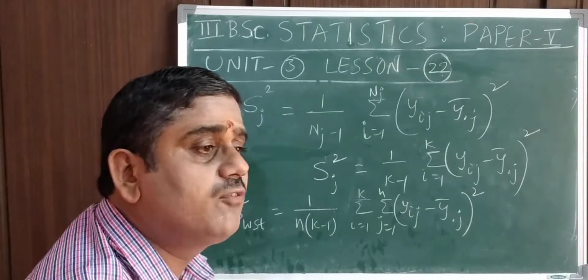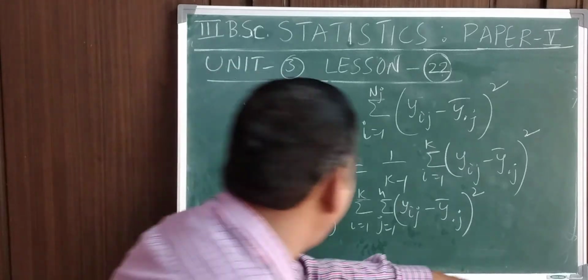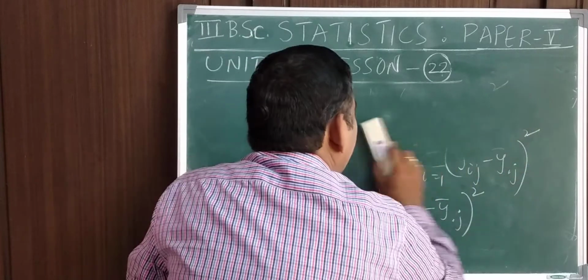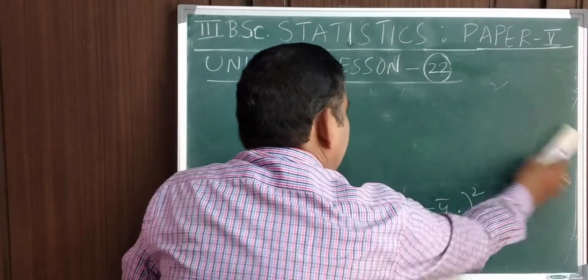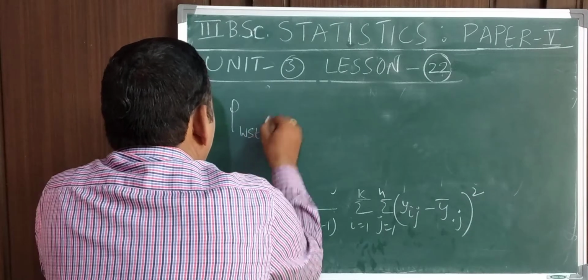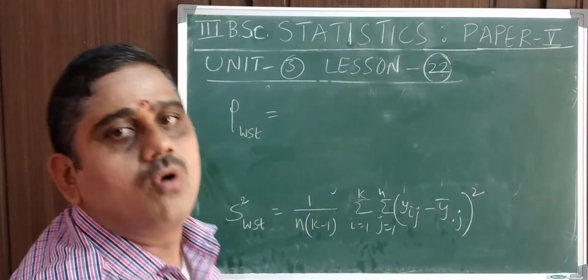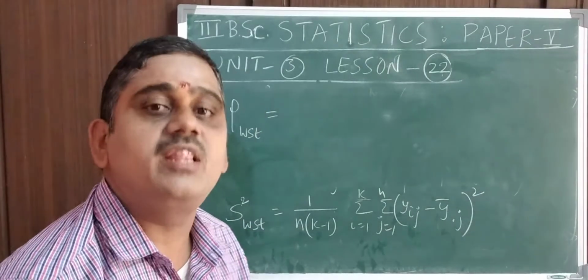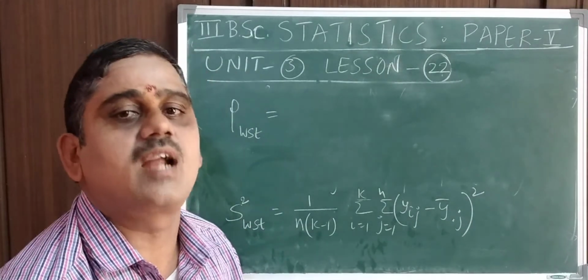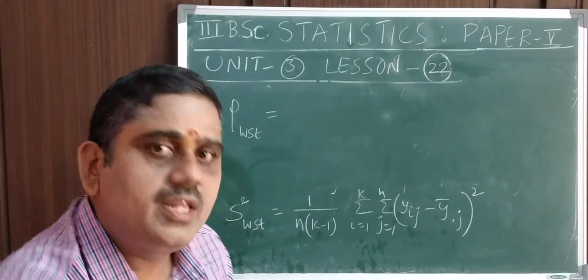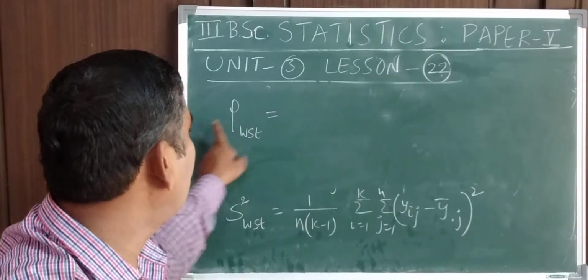Now I write the formula of the correlation coefficient. What is the correlation coefficient? It is also within the stratum. I consider rho WST, the correlation coefficient of the units between the units within the stratum, between the units of the population within the stratum, that is rho WST.